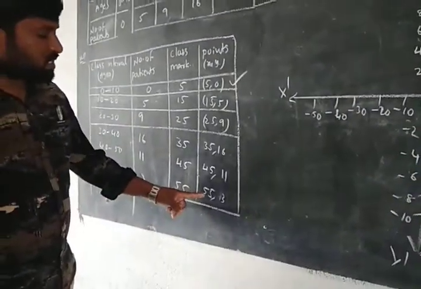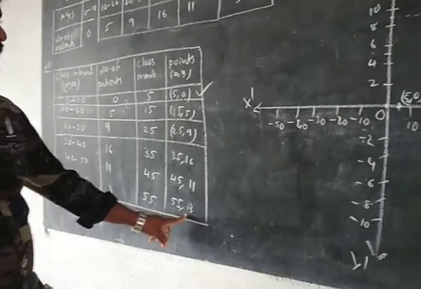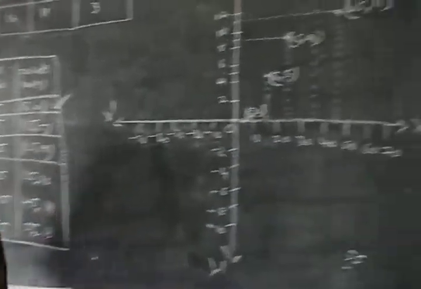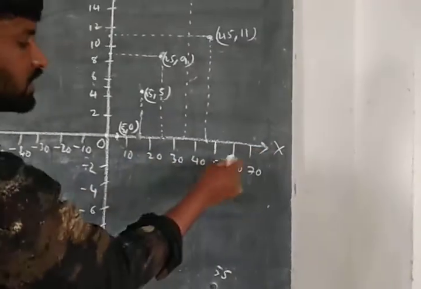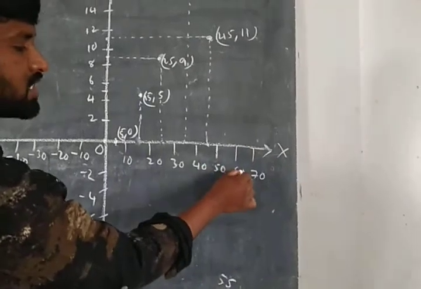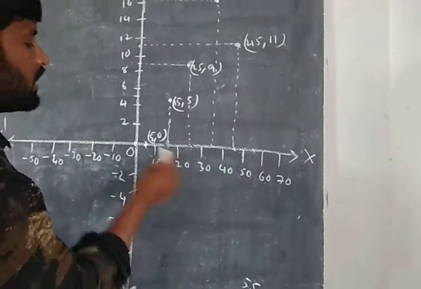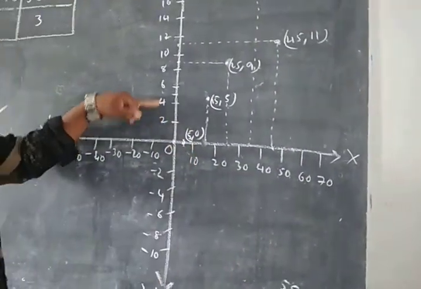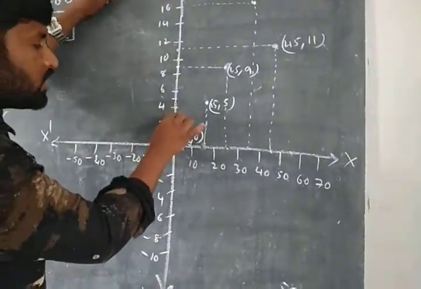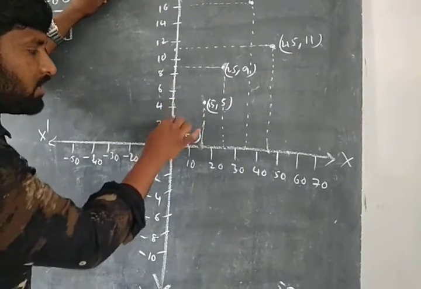Now the last point is 55 comma 3. On the x-axis, 55 is in between 50 and 60, and 3 is in between 2 and 4.